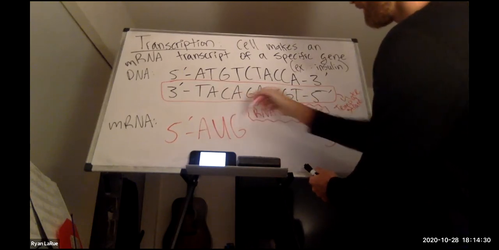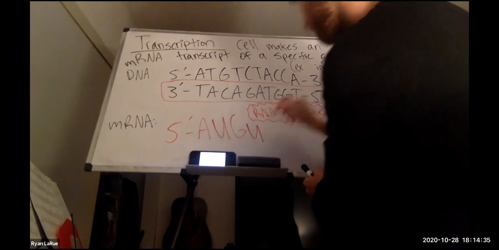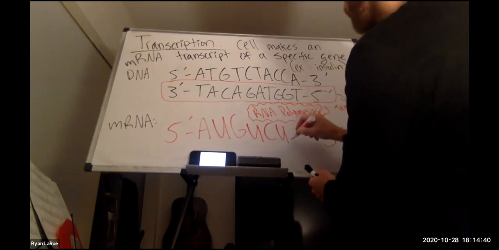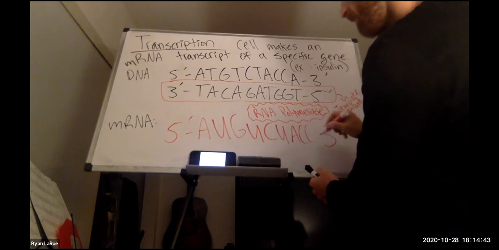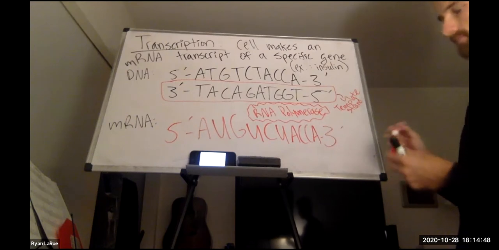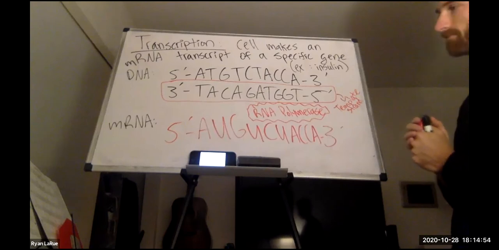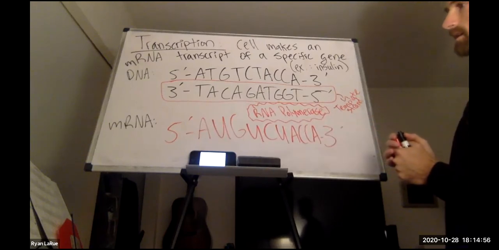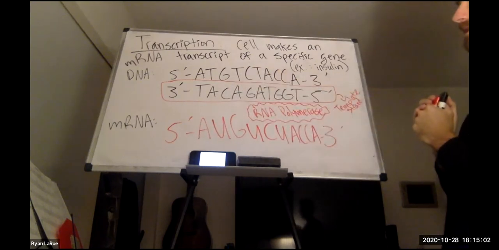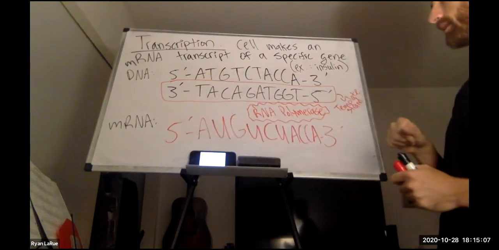So this is U, C, U, A, C, C, A, and then that's all we got. That's our mRNA sequence, complementary to this template strand on the DNA. The enzyme read it 3' to 5' and synthesizes this molecule 5' to 3'.